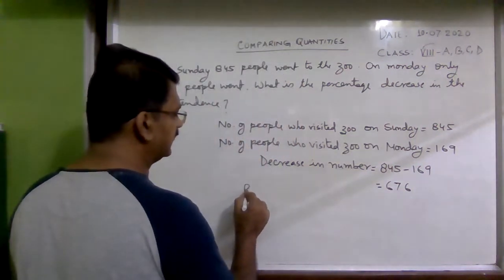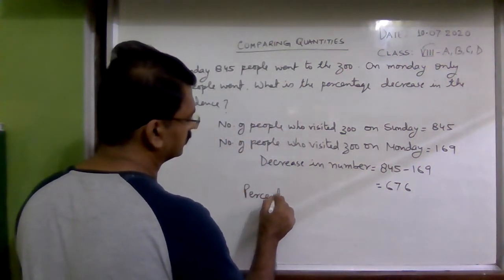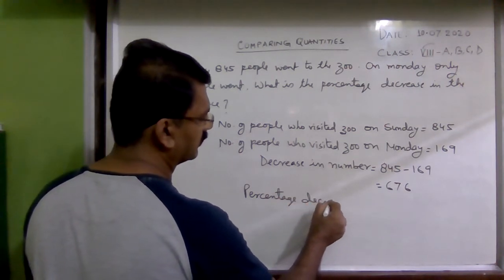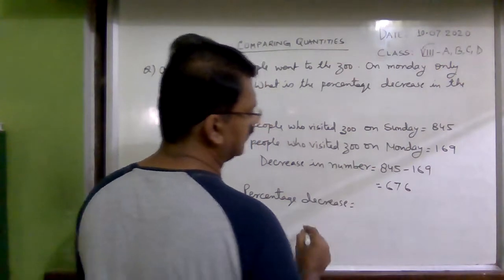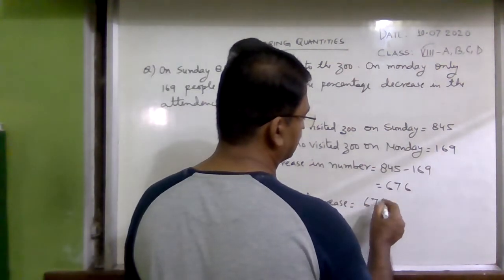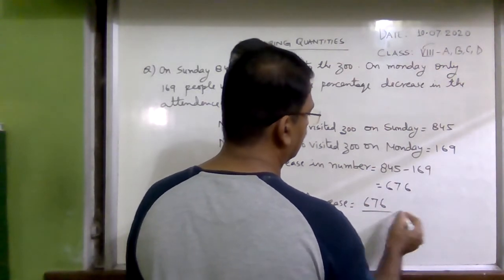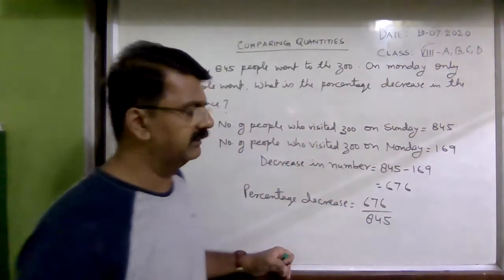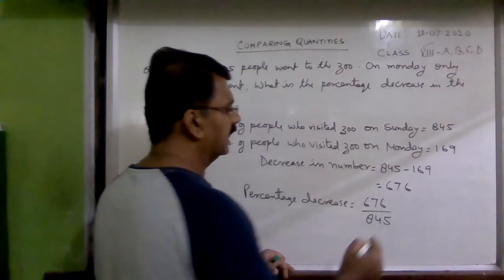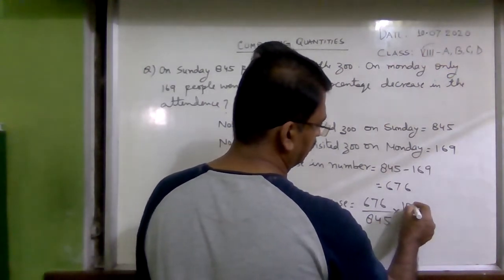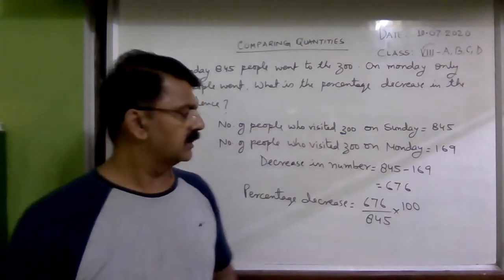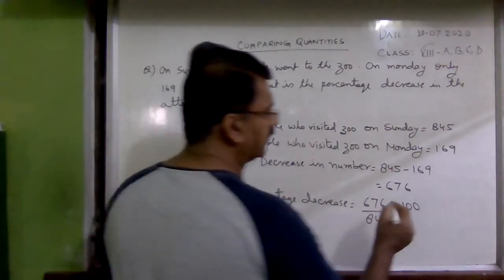So percentage decrease is equal to 676, that is the decrease number, upon original 845, because on Sunday it was 845, into 100. When you are giving your answer in percentage, you multiply into 100. First of all, you calculate by 5.